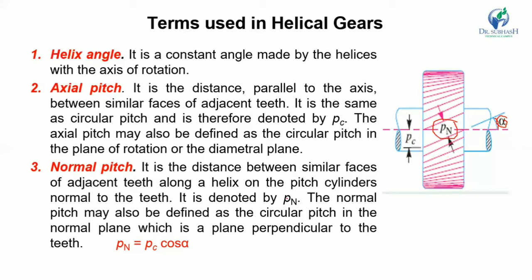Here the normal pitch Pn is given by Pn equals Pc cos alpha, where alpha is the helix angle. So these are the three important terms in the case of helical gear: helix angle, axial pitch, and normal pitch. The relation between normal pitch and axial pitch is Pn equals Pc cos alpha.